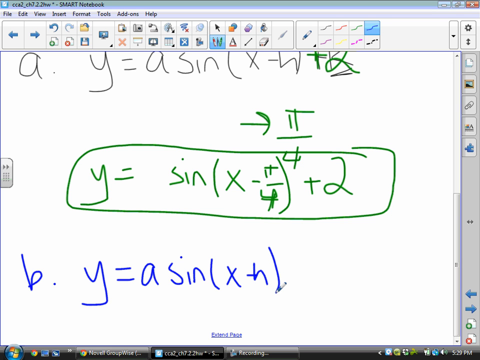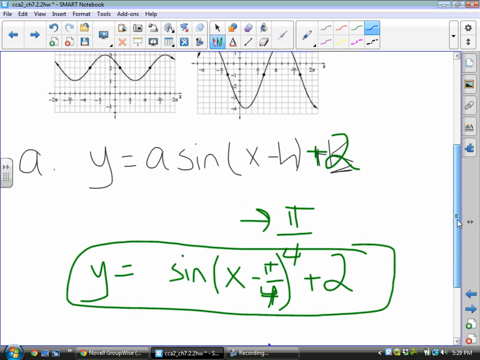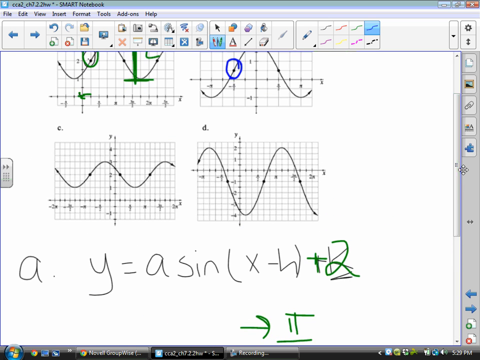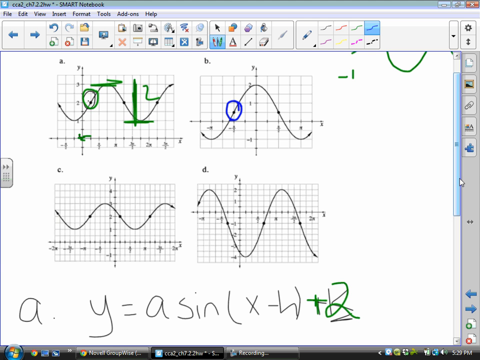So my k went up 0.5. I'm assuming the one I circled; you could assume either of those 2 dots is the starting point of the sine function, but I'm going to assume the left one. If you assume the right one, it's going to be a slightly different equation.